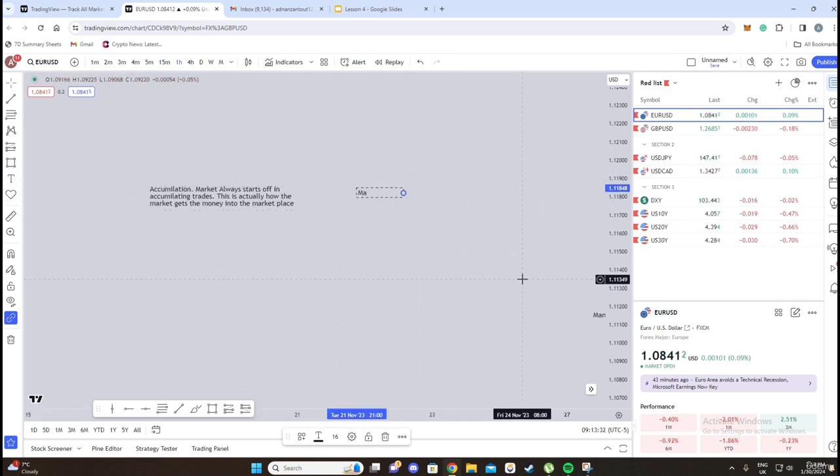Next, we have our manipulation. And this is when price reaches a certain level which traps traders either going long or short, and securing their money in the marketplace.